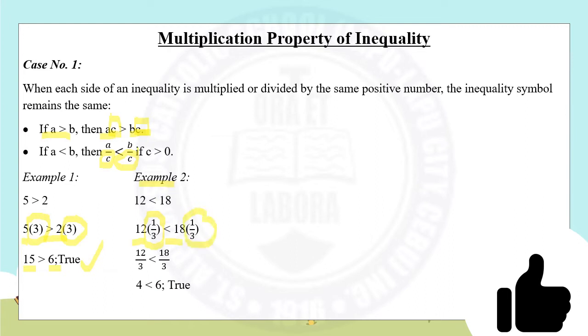Any number you multiply to that side, you will also multiply the same number to the other side. 12 times 1/3, that is 12 over 3. 18 times 1/3, that is 18 over 3. 12 over 3, that is 4. 18 over 3, that is 6. 4 less than 6, and that is true. That is the multiplication property of inequality.